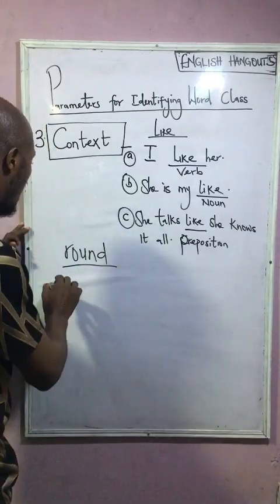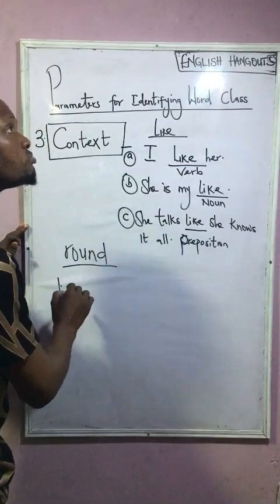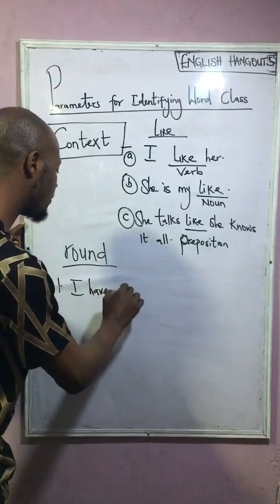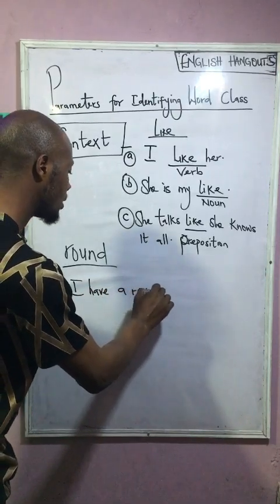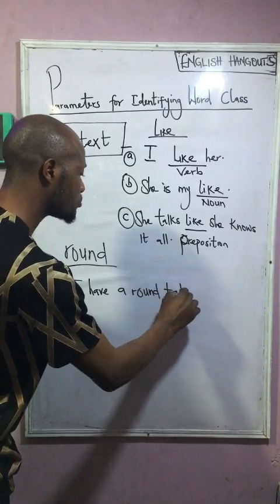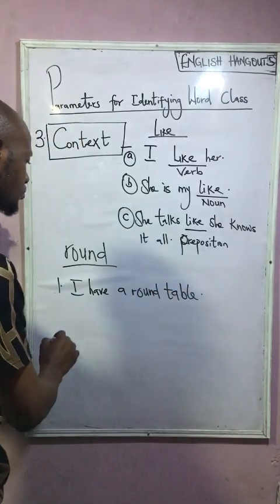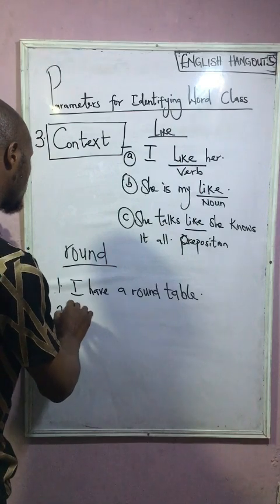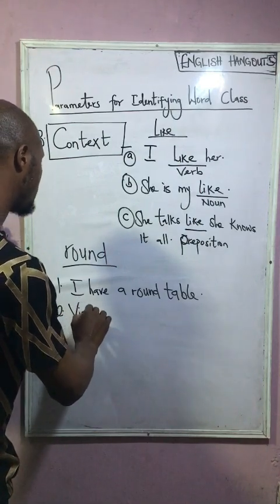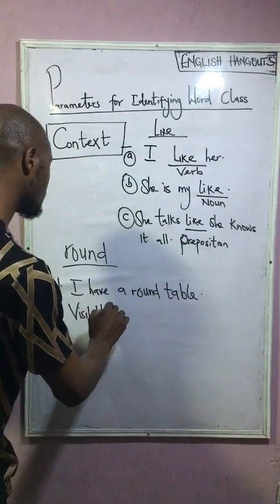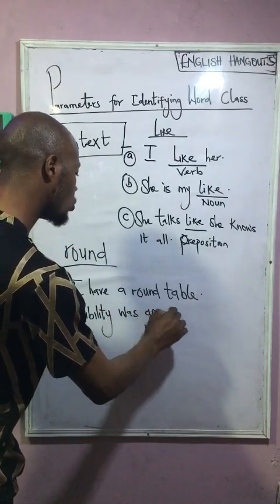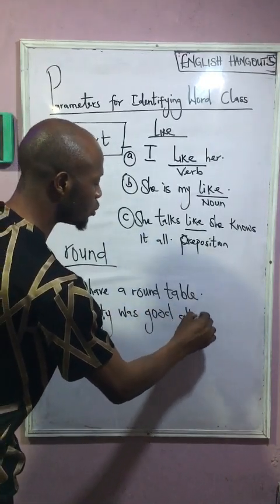For example, sentence 1: I have a round table. 2: visibility was good all round.